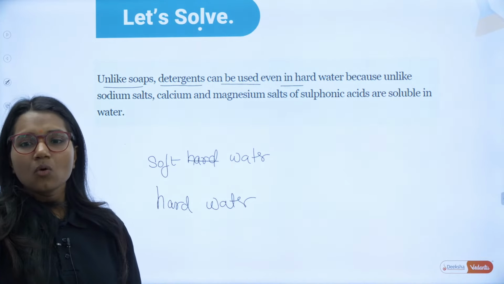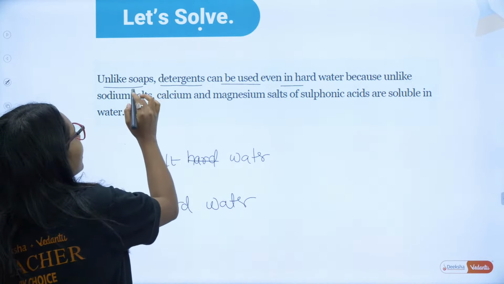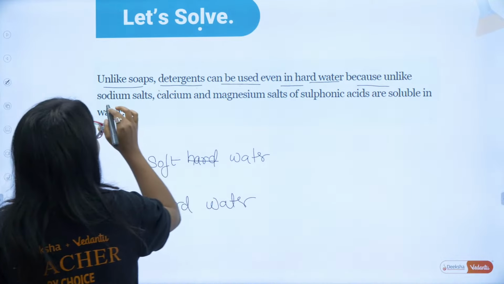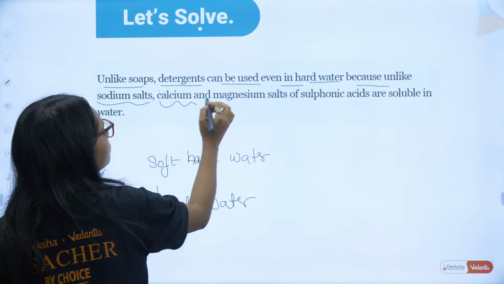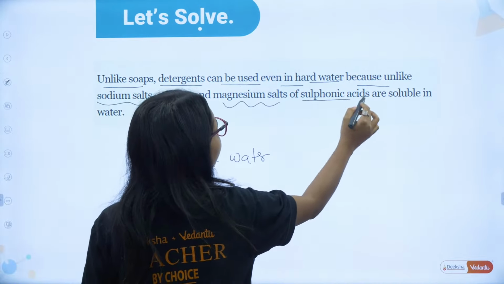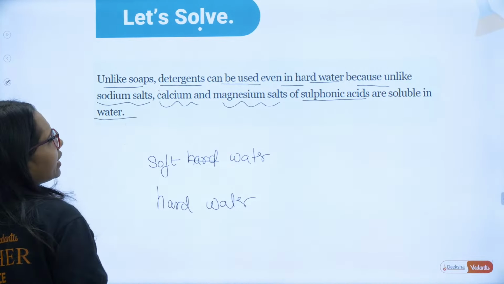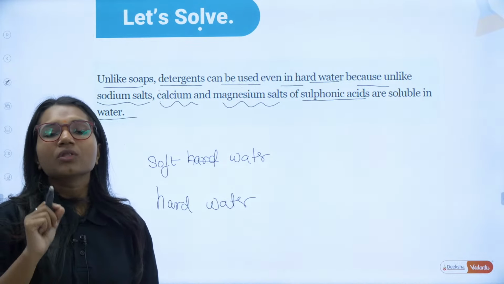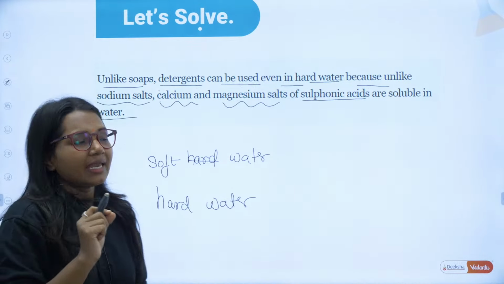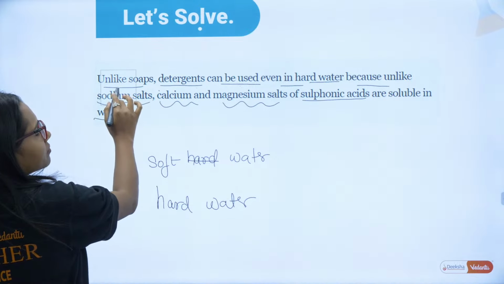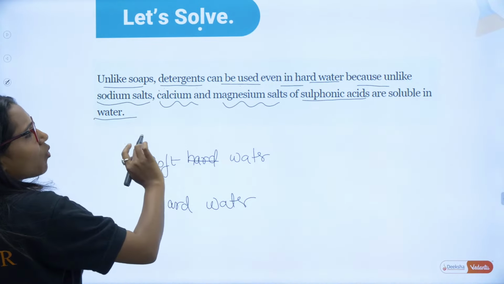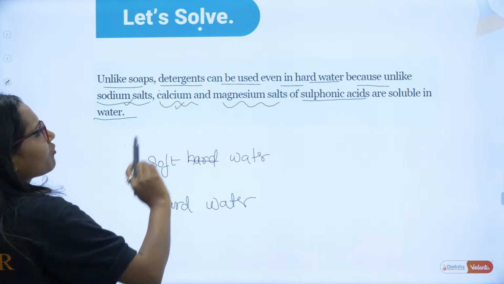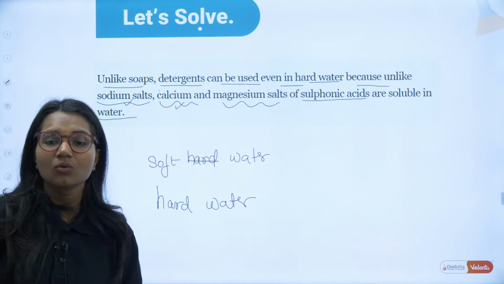So unlike soap, detergent can be used even in hard water, because unlike sodium salts, the calcium and magnesium salts of sulfonic acids are soluble in water. This is what you have to write in the exam.